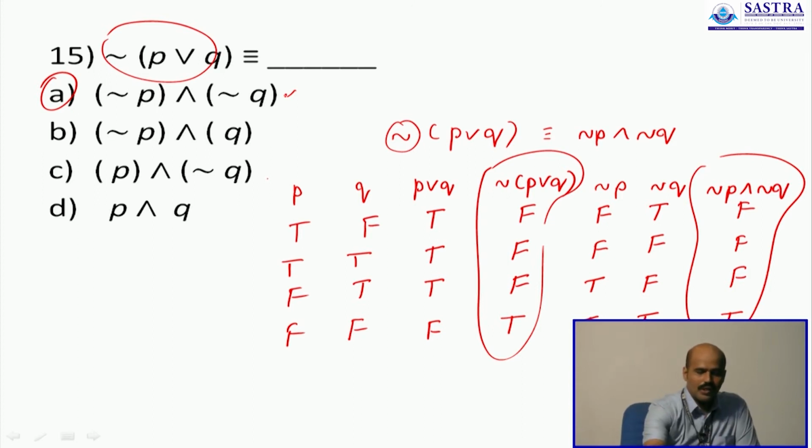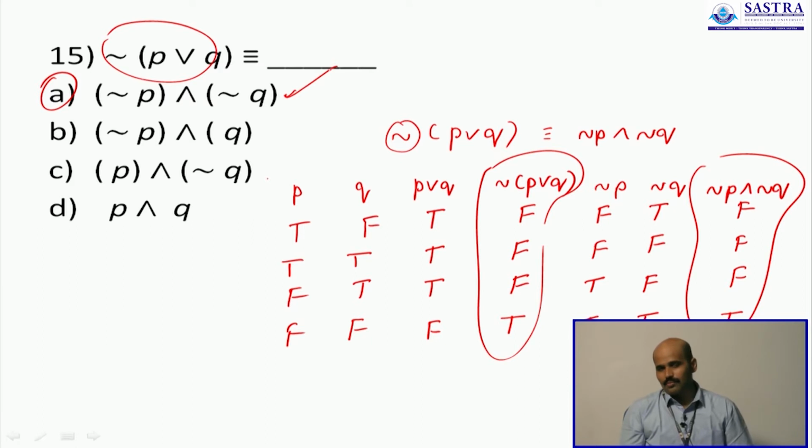So option A is right, and this is one another way to find out if your guess, whatever your guess is, is right or wrong. You can either use De Morgan's law and establish this, or you can draw the truth table for each of the 4 options and verify. I'll leave it as an exercise. You can try options B, C, and D also. You will see that none of them match with column 4 of this truth table.